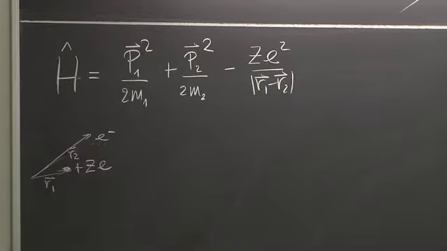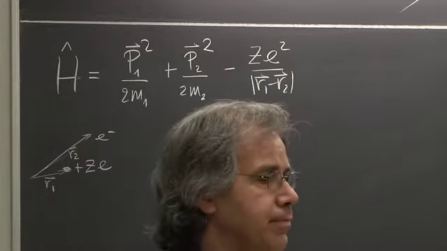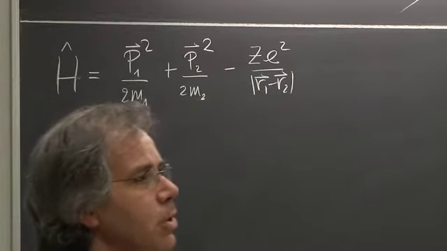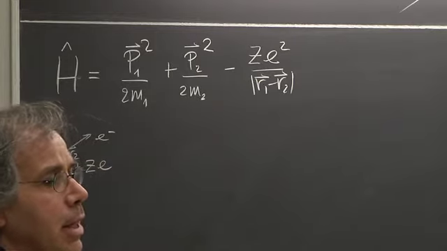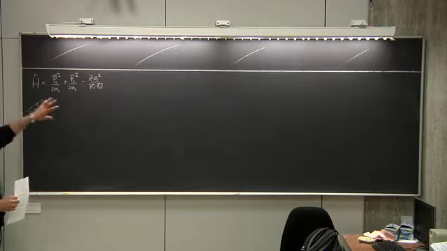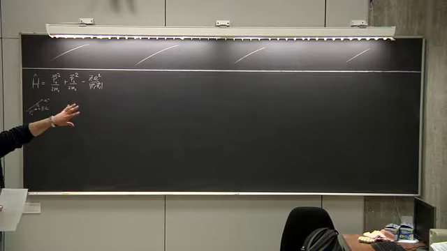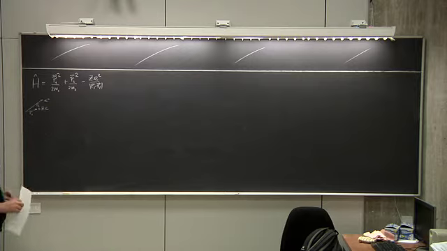And as in classical physics, you know that this two-body problem should be separated into center of mass and relative motion, because after all, the system is invariant by overall translations.